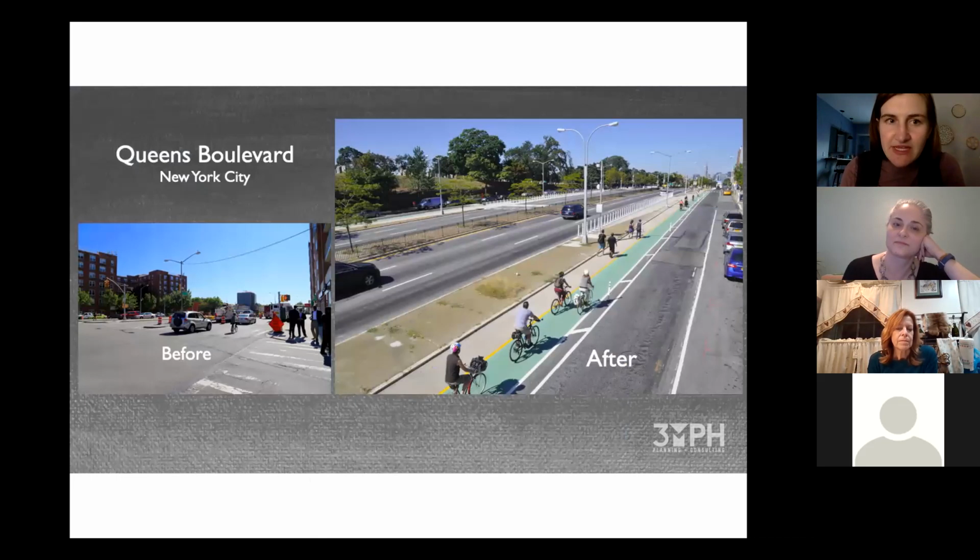Okay. So anyways, I just want to talk a little bit at the end of this presentation about some things that different places are doing that can help, or some promising strategies to address this. So this is an example of something that's called a road diet, commonly in urban planning. This is Queens Boulevard in New York City, and it's what we call a suburban arterial.